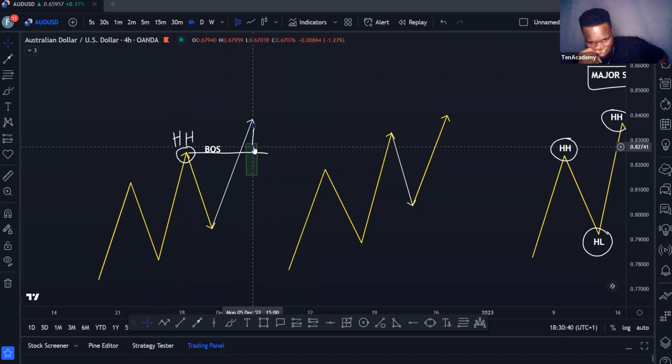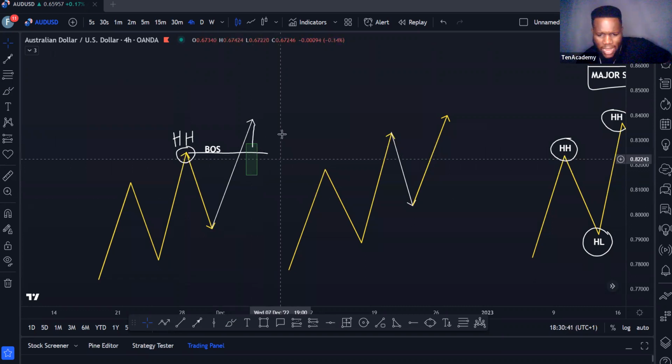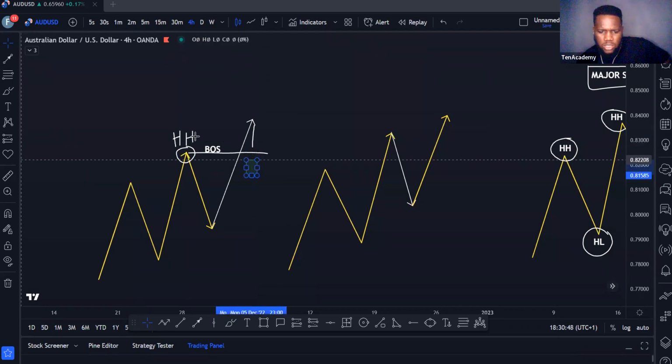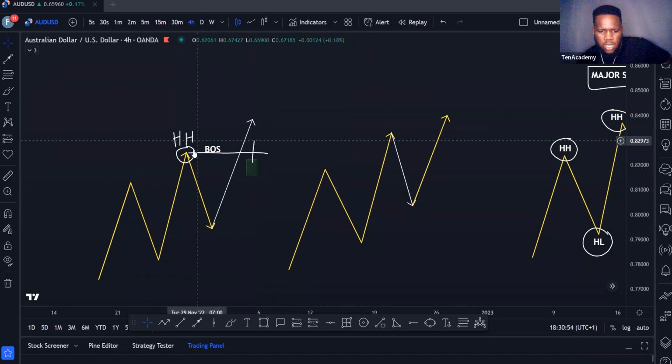You might have a scenario whereby price goes beyond this high, and possibly it's just a wick, like so. If a high is created by a wick, it is not a break of structure.